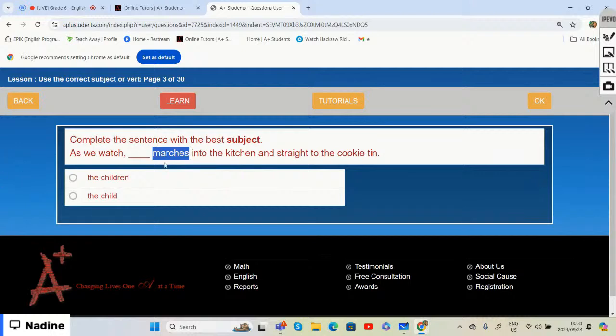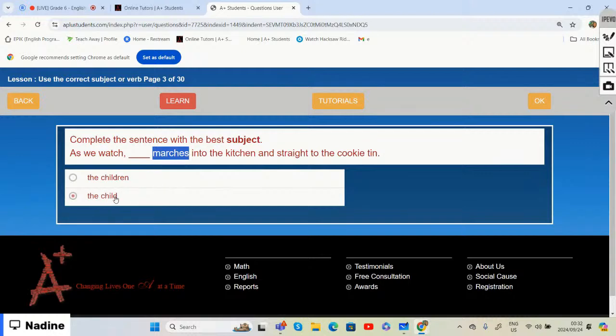Remember, look at marches. It is an action that somebody's doing, right? Marches ends with an ES. Did we say a singular subject or a plural subject ends with an ES? This is a plural subject. This is a singular subject.